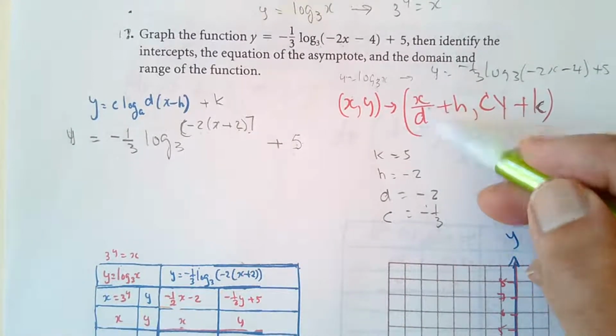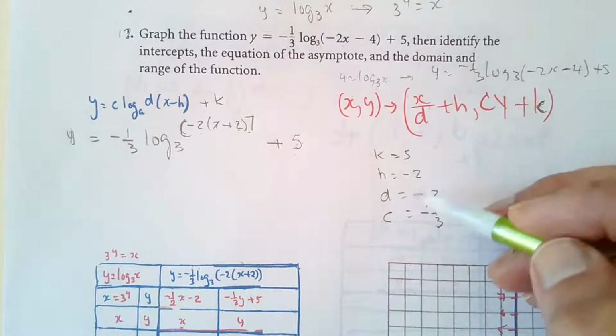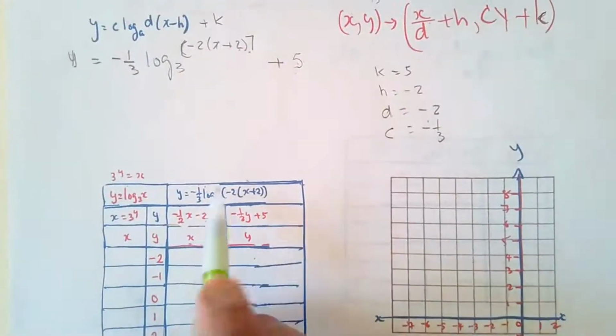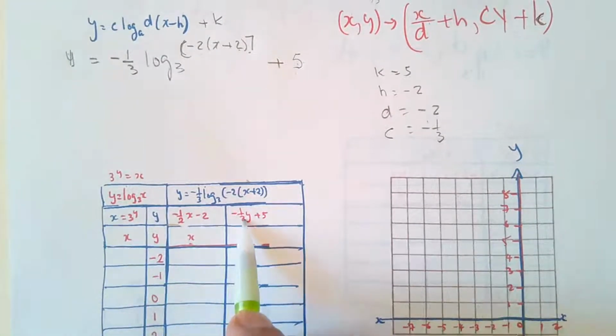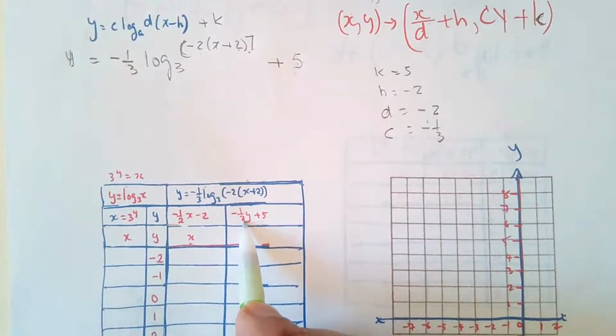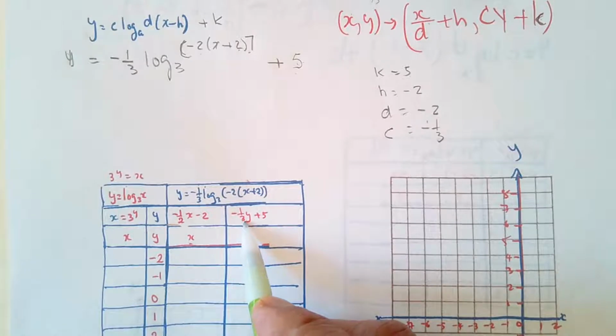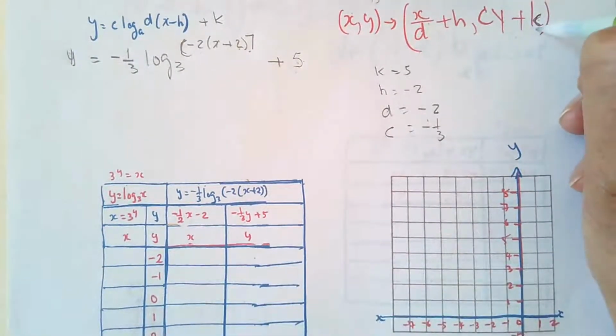If now we substitute our values of k in here, etc., we end up with the x being -1/2 x, -2, and the y for the transform would be the y coordinate: -1/3 y plus 5. So we substitute it in here.